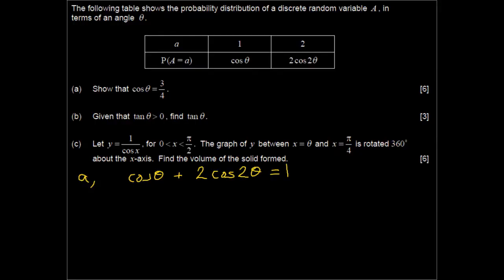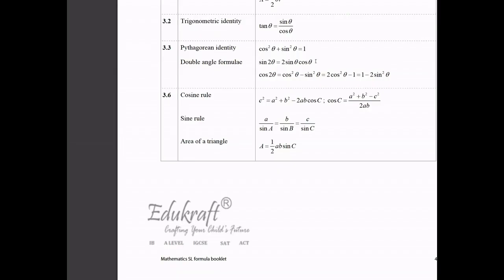Now because we've got cos theta here, and then we've got more cos thetas here, if I change it for the one that says cos squared theta, then I'm going to end up with a quadratic in cos. So what I'm going to do is change it for this one, 2 cos squared theta minus 1.